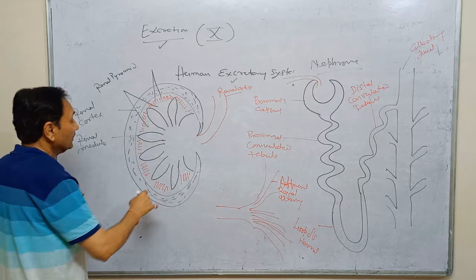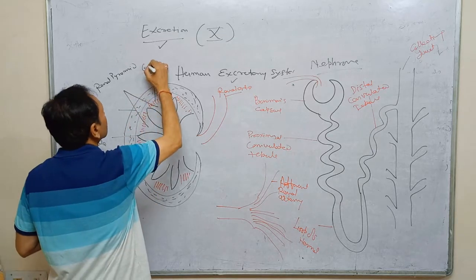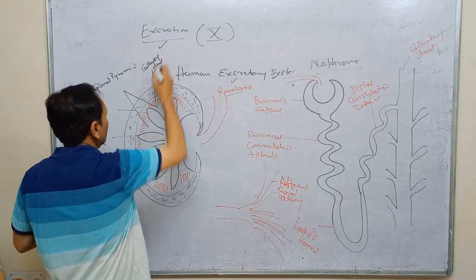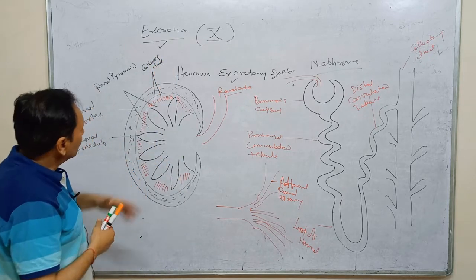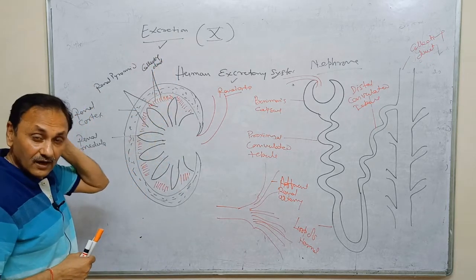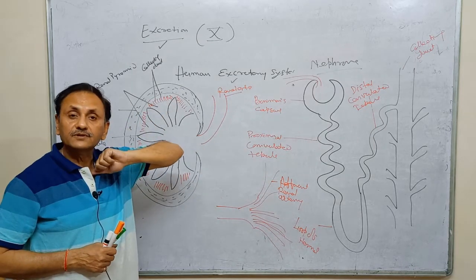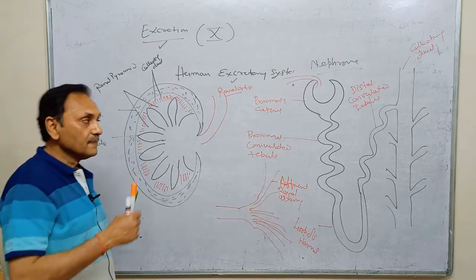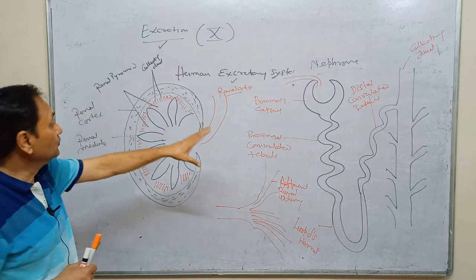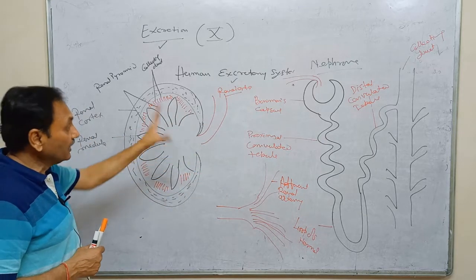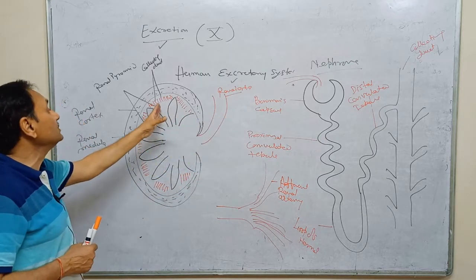Each and every mark is called a collecting duct. It means one pyramid contains 100 collecting ducts, and one collecting duct receives 100 distal convoluted tubules. It means 100 into 100 nephrons are received by one pyramid.